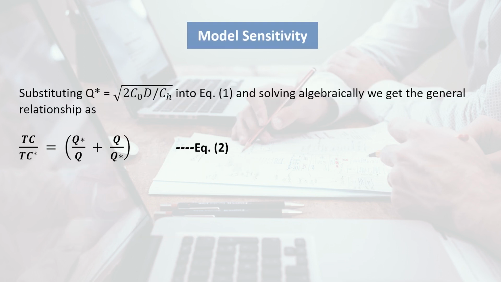Now you can substitute the Q star value in the equation, which is the economic order quantity, represented by square root of 2 multiplied by ordering cost multiplied by annual demand upon holding cost. By this you get TC upon TC star represented by Q star upon Q plus Q upon Q star. It is visible here that the model sensitivity is directly related only to the economic order quantity and the order quantity that you have taken arbitrarily.